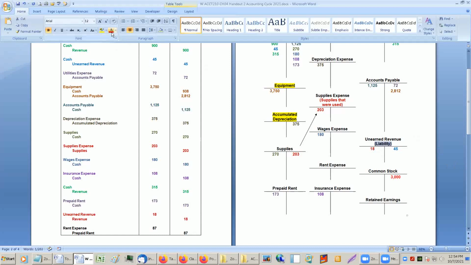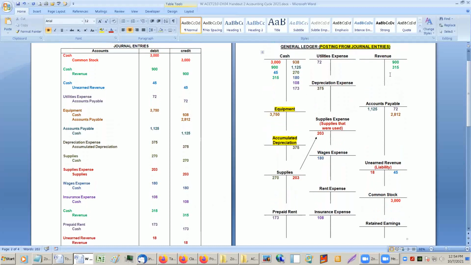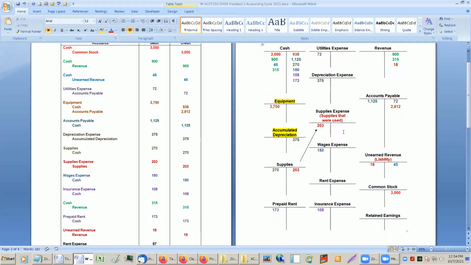And again, this was a liability, so it's no longer a liability. We earned it. We earned 18 of it here, it looks like. So we're going to put that up with our regular revenues, saying, okay, we earned $18 of it.